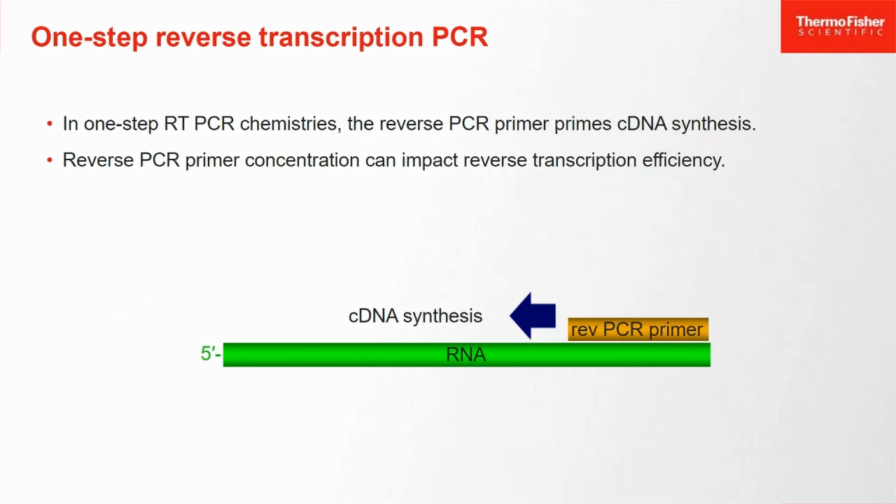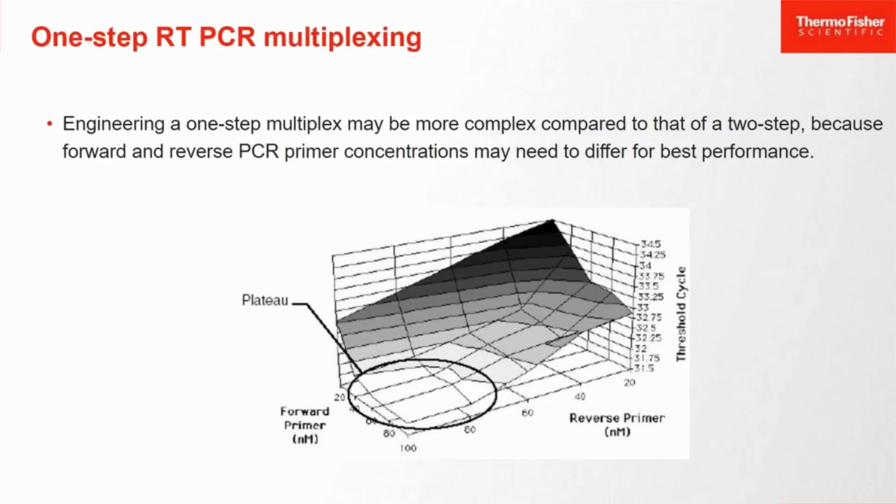In the 1-step chemistry, the reverse PCR primer is used for cDNA synthesis. Because of that, the reverse PCR primer concentration can have an impact on reverse transcription efficiency. So this can mean that engineering a 1-step multiplex may be a little more complicated compared to that of a 2-step, because the forward and reverse PCR primers may need to be at different concentrations for optimal performance.